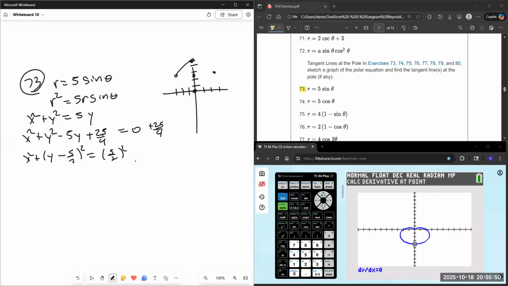And again, I'm not the best at drawing circles freehand. There's my best attempt at that. At r is equal to 5 sine of theta, we're interested in this tangent line right here, which is the polar equation theta is equal to 0.